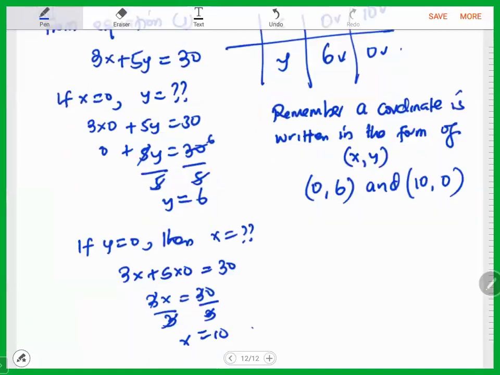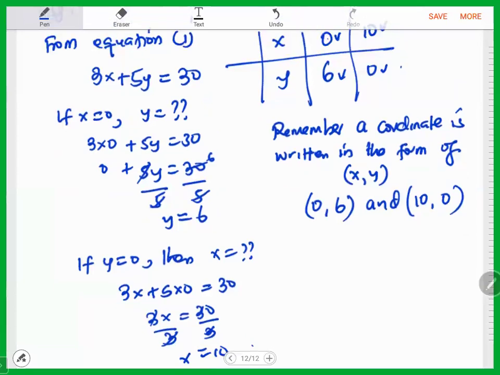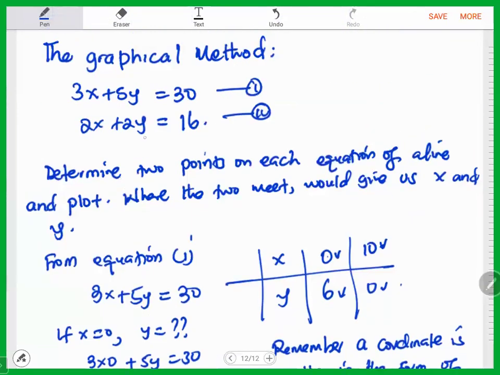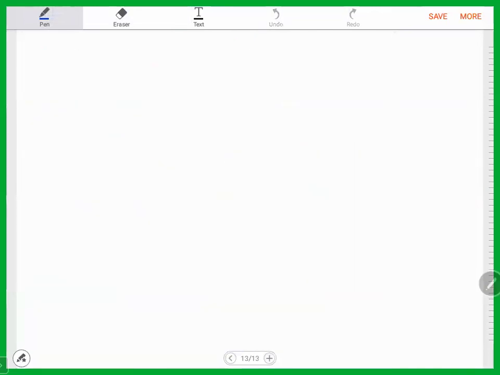Therefore, I'll move to the second one, which is x plus 2y is equal to 16. So again, we are going to determine two coordinates.